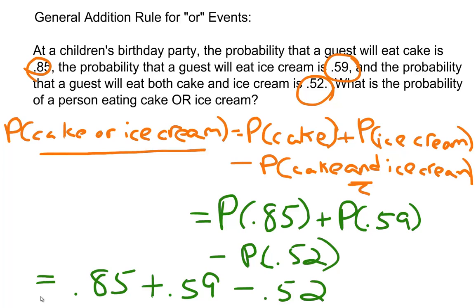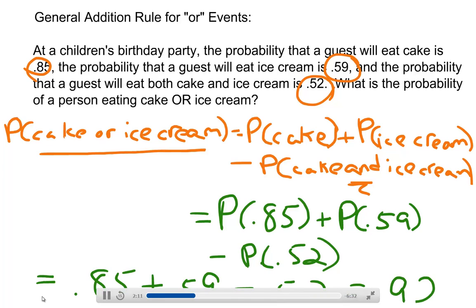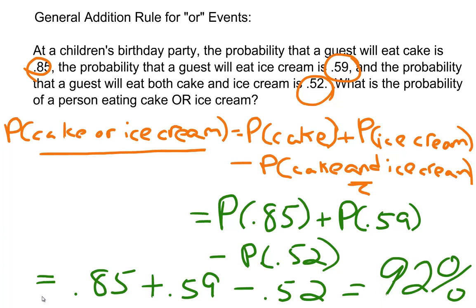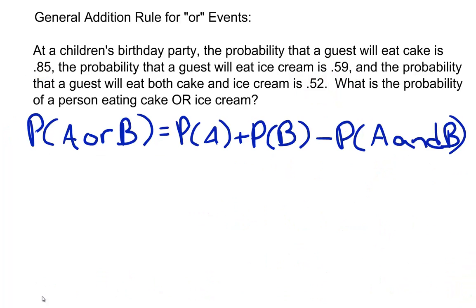When we calculate this, we get a result of 0.92. We can convert this decimal to a percent and represent it as 92%. The formula for the general addition rule for OR events can also be represented graphically as a Venn diagram.